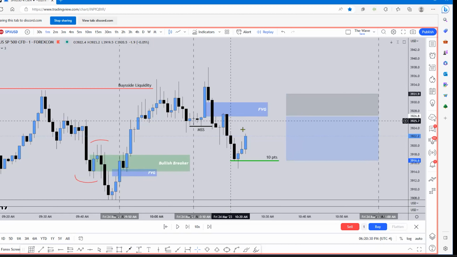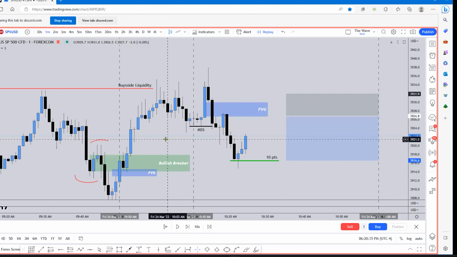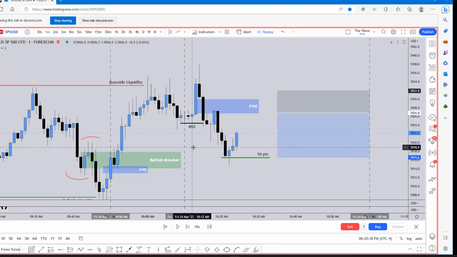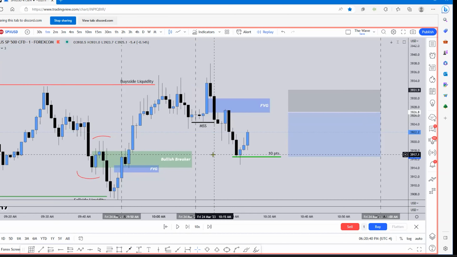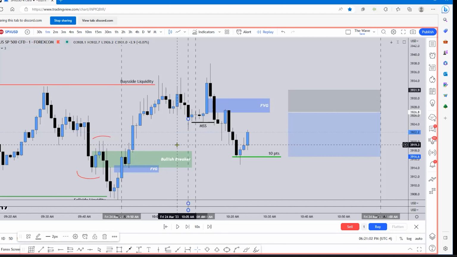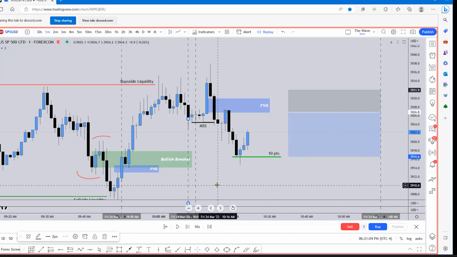Right? You could have caught this one and then caught this one on both sides of the market in this AM session. Okay. Now, what I've started to notice now that I've been trading the silver bullet for a few months now is I've gotten it down to when I'm reading price to a specific time that I start to see it start taking form or start to move, and that's at 10:08 for our silver bullet.